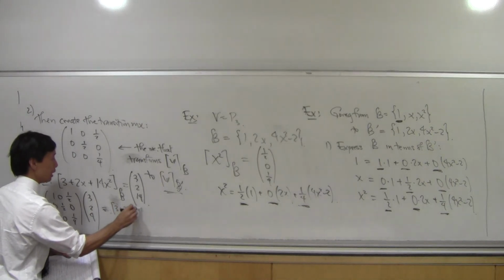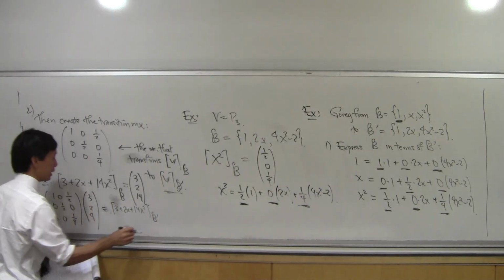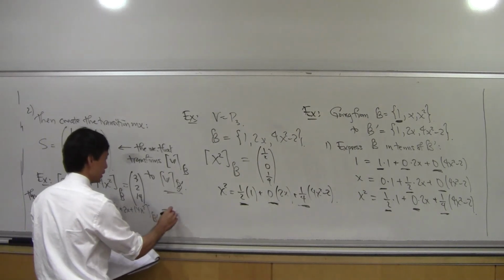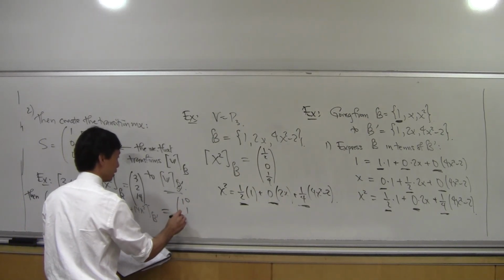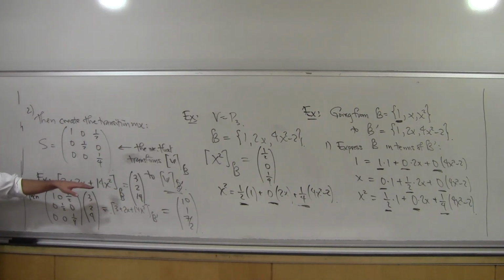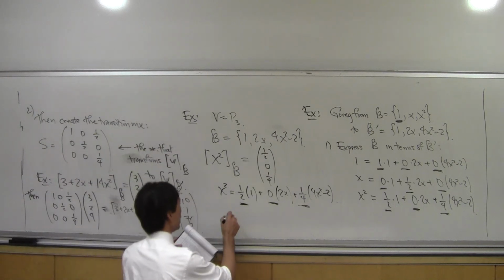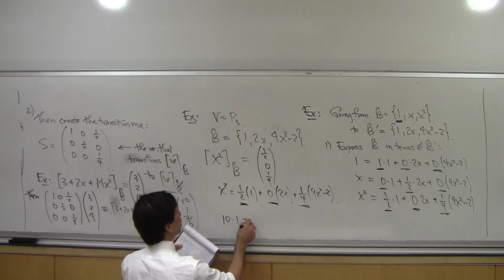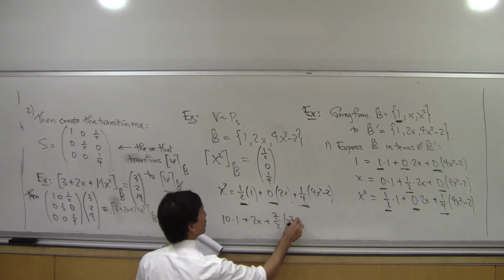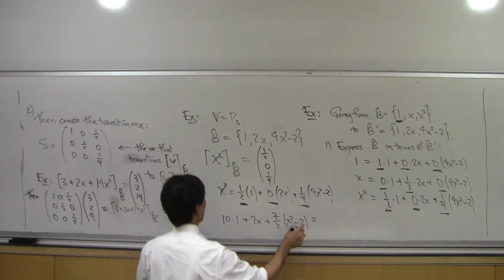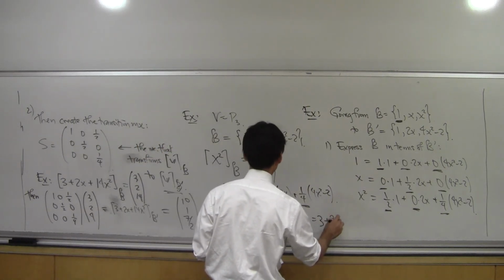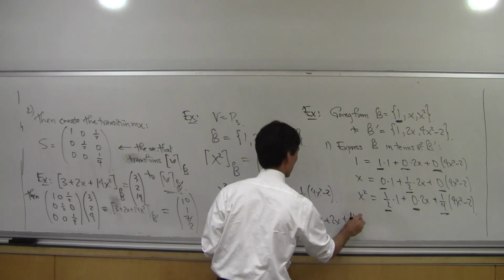If you work it out, it turns out to be 10, 1, and 7/2. And 10 times 1 plus 2x plus 7/2 of 4x squared minus 2 actually is what we hope it is. It actually is 3 plus 2x plus 14x squared.